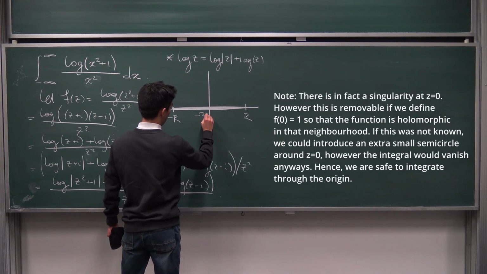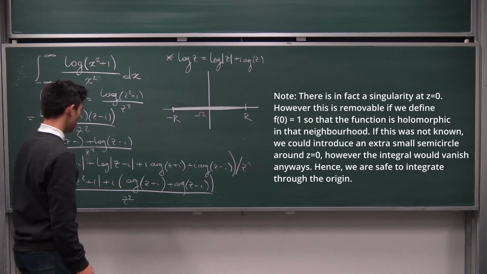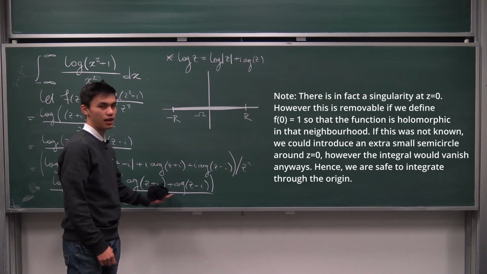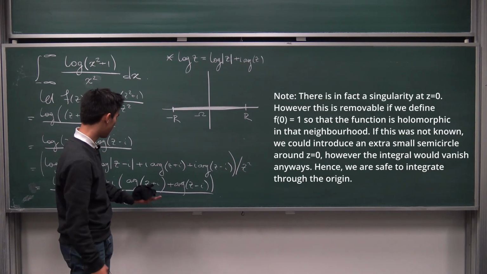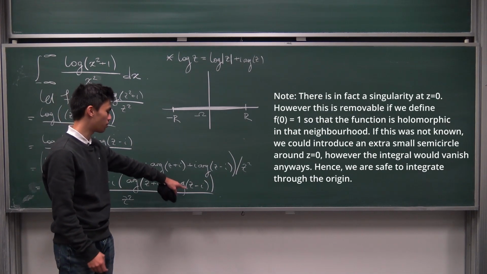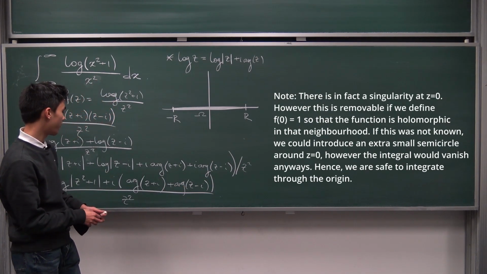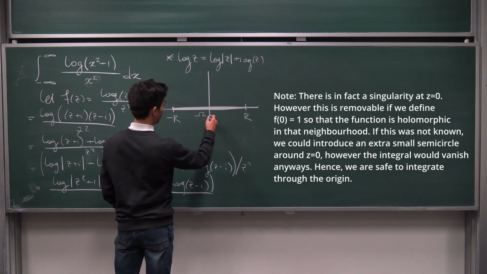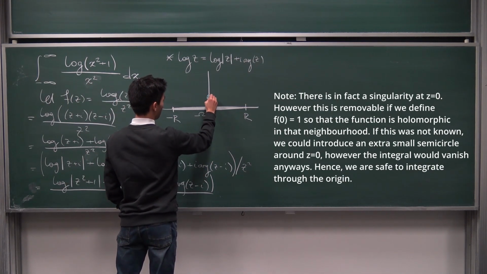Okay. Now, you'll notice one thing: we have these arguments, and these aren't exactly centered at 0. The first one is centered at minus i, and the second one is centered at i. So in fact, we're going to pick up two branch points at plus or minus i, and I'll put that in blue here.